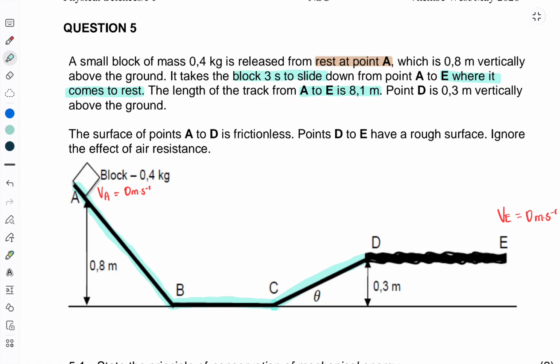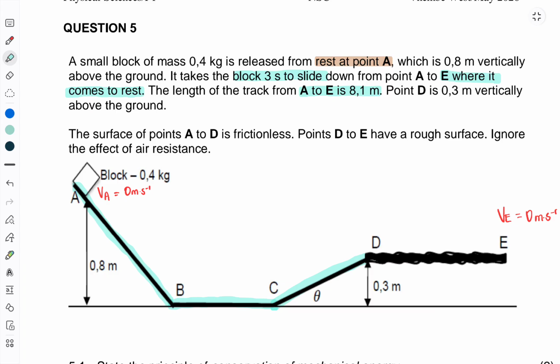We can use the law of conservation of mechanical energy, for instance, because there's no friction across points A, B, C and D. We are also told to ignore the effects of air resistance. There's no additional information mentioned.